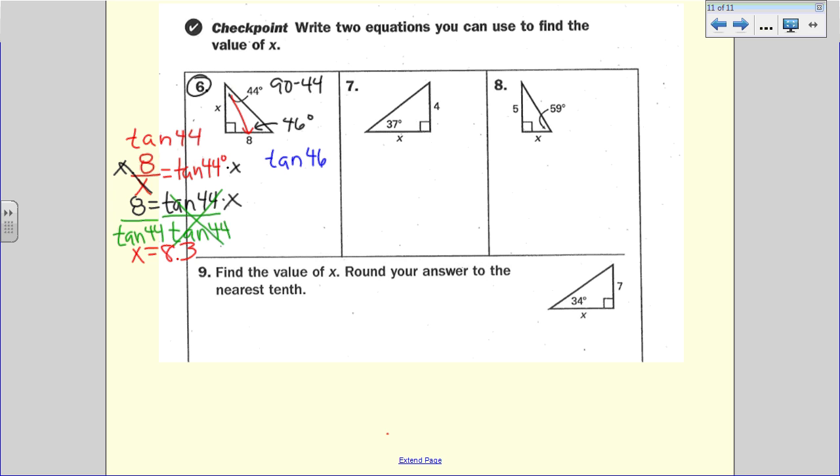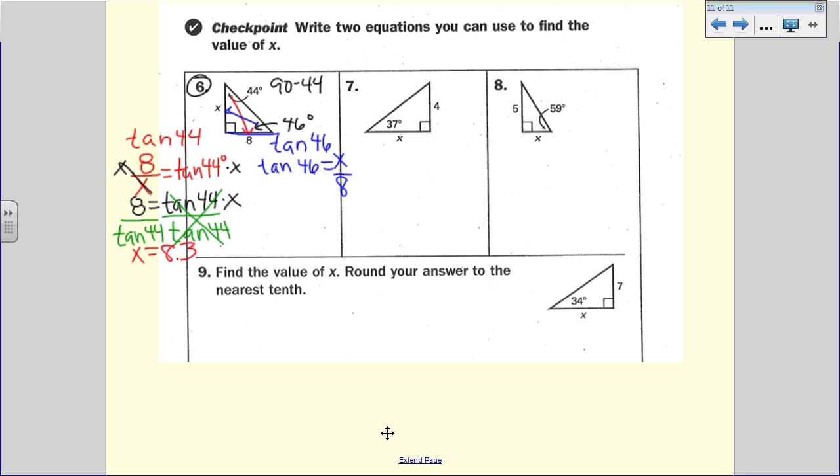Now remember, I should get the same thing over here when I'm looking at the 46 degree angle. So I'm going to have tangent of 46 is equal to opposite x over adjacent 8.